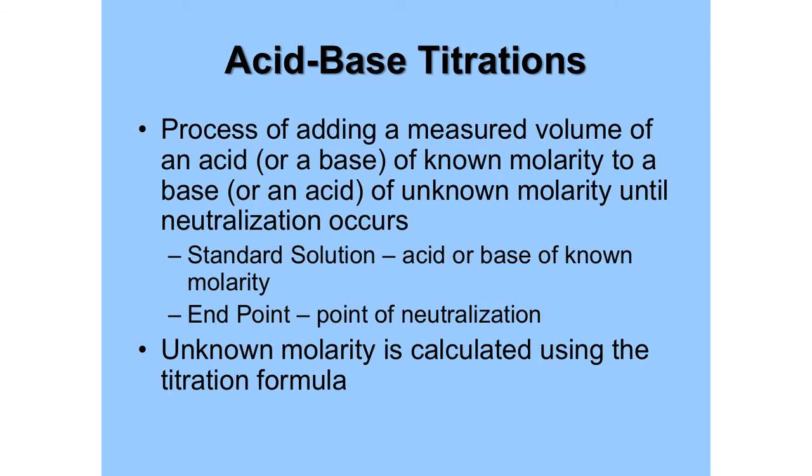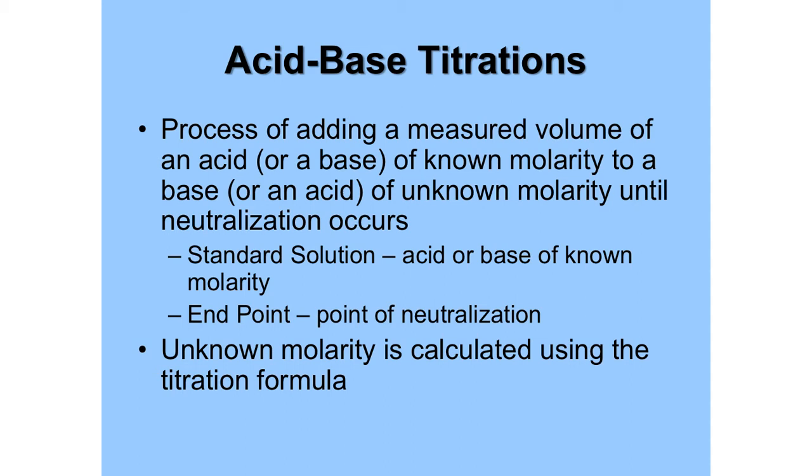All right, now our acid-base titrations. So it's a process of adding a measured volume of one of the acid or the base of known molarity to a base or an acid of unknown molarity until neutralization occurs. So for example, in lab, what we would normally do is we would normally have a certain acid.